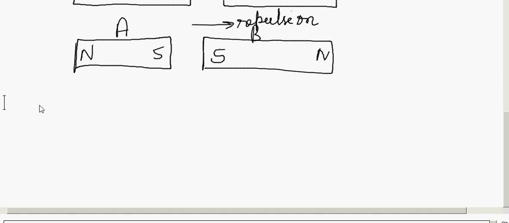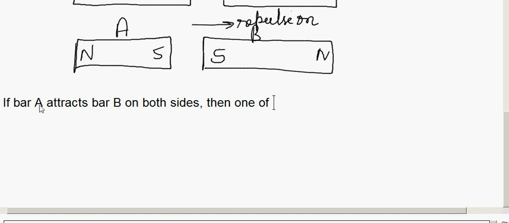If bar A attracts bar B on both the sides, then one of them is bar magnet.